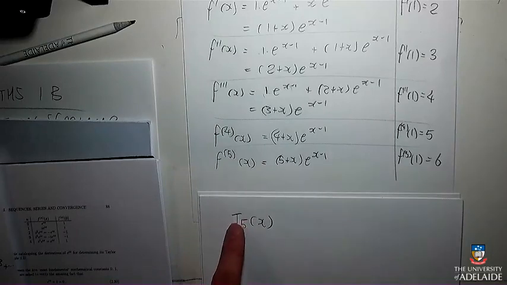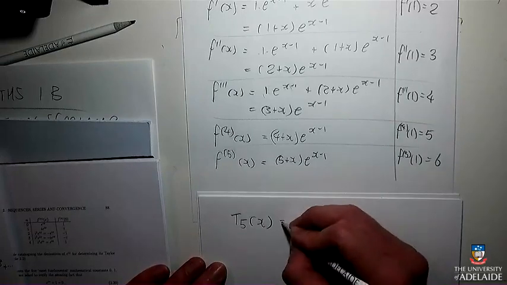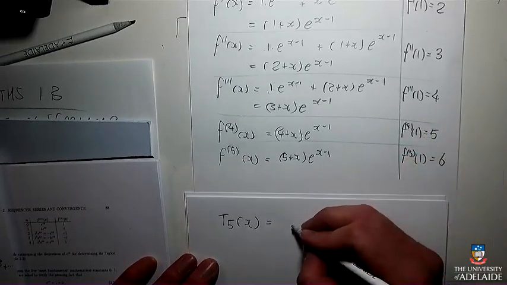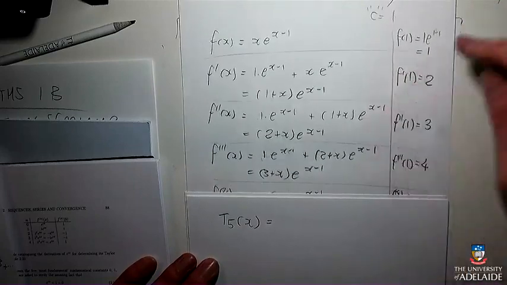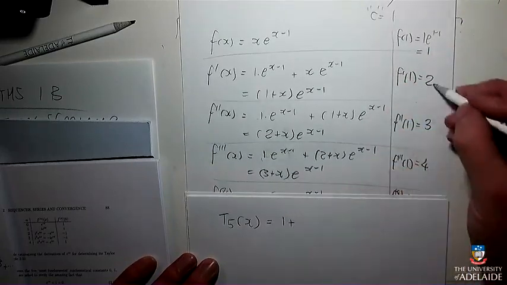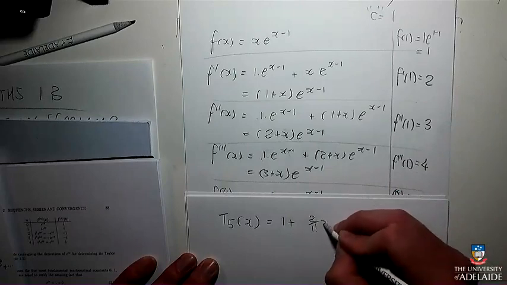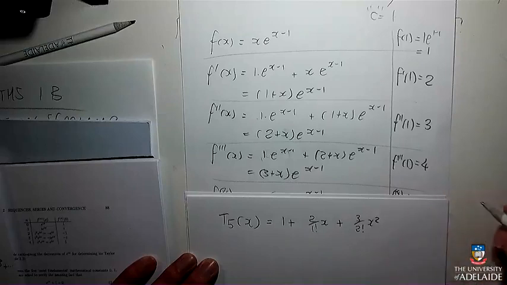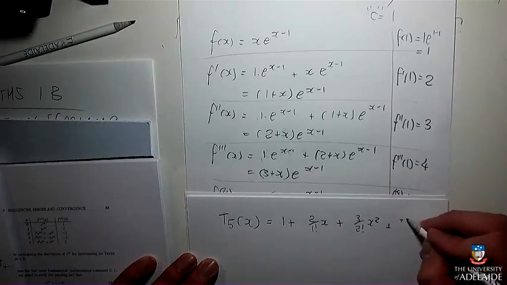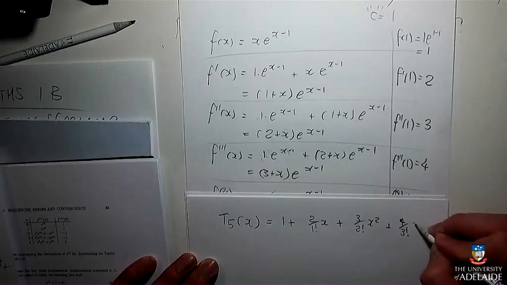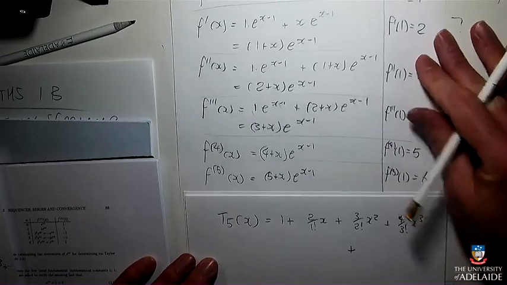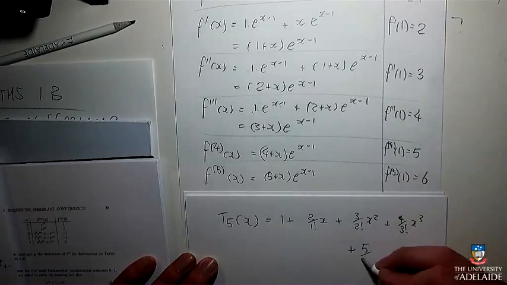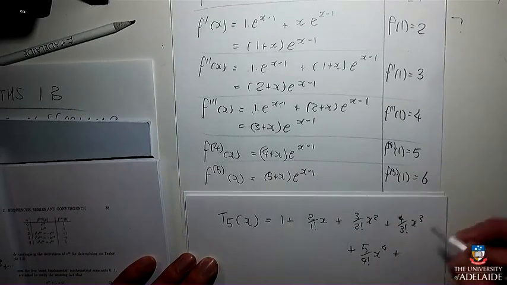So T for Taylor, 5 for which degree it is, which order it is, is going to be this number, which is the constant, plus this number divided by 1 factorial times x, plus this number divided by 2 factorial times x squared, plus this number divided by 3 factorial x cubed, plus this number divided by 4 factorial x to the 4, plus this number divided by 5 factorial x to the 5.